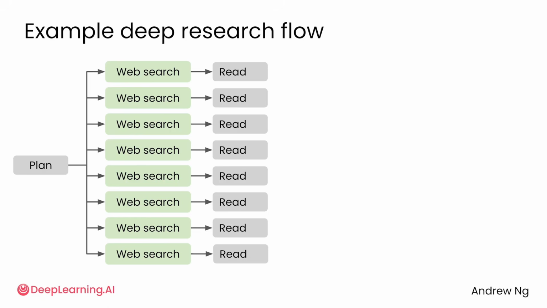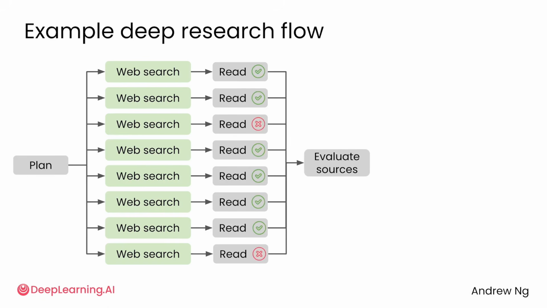It can do many of them at the same time, which lets it be very efficient in fetching lots of web pages. The AI system can also take a look at all of these sources and quickly assess which ones are relevant and which ones are less relevant. And based on that, it may decide whether or not to go back to do additional web searches, maybe using different web search terms.